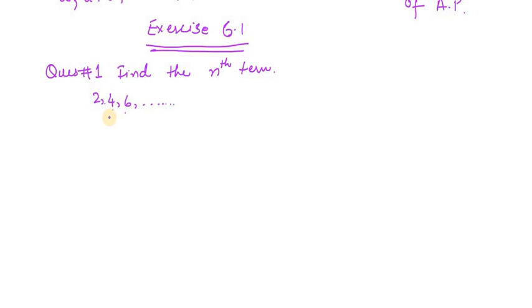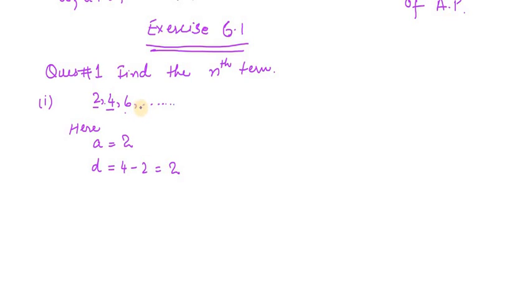This we call the common difference, which is a fixed number. This is part 1 of question number 1. The first term is called a, which is 2, and the common difference we find by taking these two terms, 4 minus 2 equals 2, and we can check with other numbers. If we subtract 6 minus 4, we also get the result 2. So 2 is the common difference.